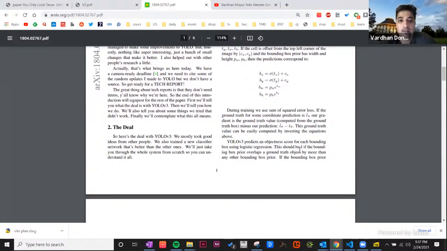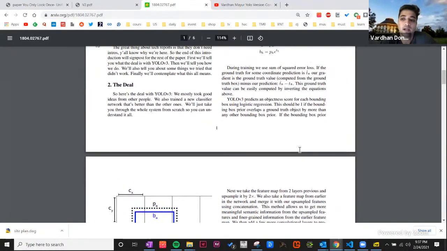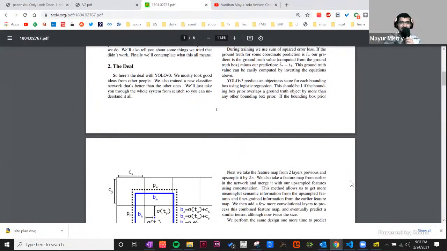There is also the issue of the IOU threshold that I saw some articles mentioning. The paper doesn't explicitly talk about it, but if the threshold is adjusted, there are some issues with the mAP. If you increase the threshold, then the mAP suffers. Correct.